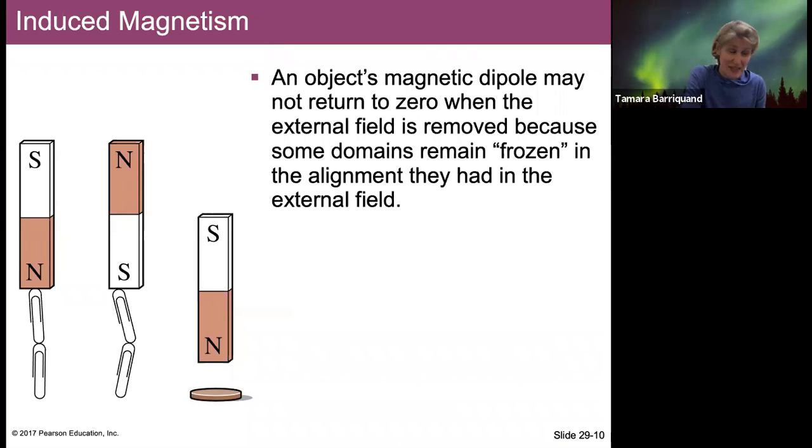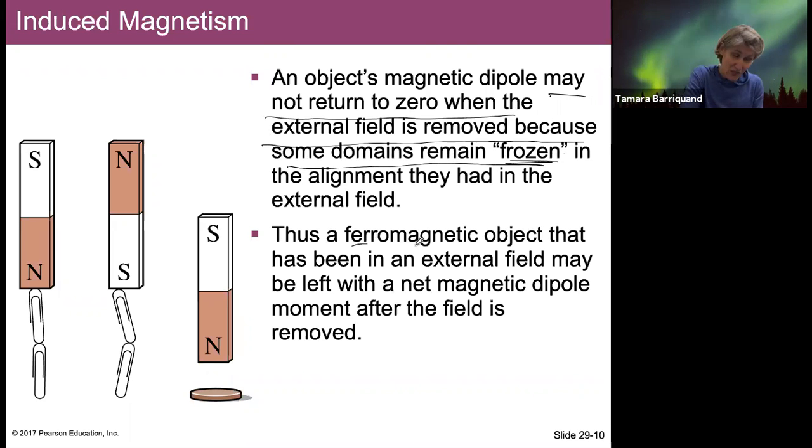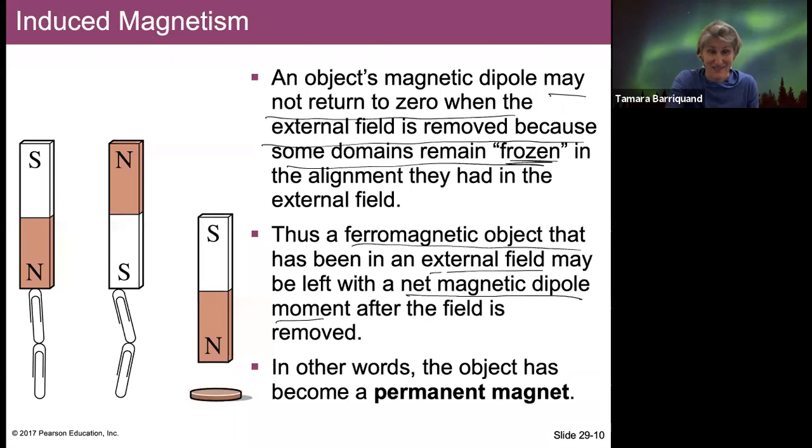An object's magnetic dipole may not return to zero when the external field is removed, because some domains remain frozen in the alignment they had in the external field. Thus, a ferromagnetic object that has been in an external field may be left with a net magnetic dipole moment after the field is removed. In other words, the object has become a permanent magnet.